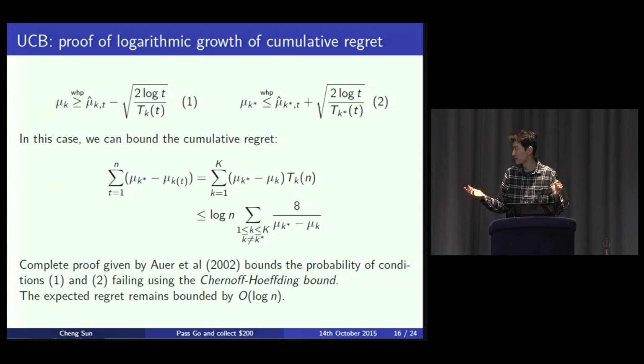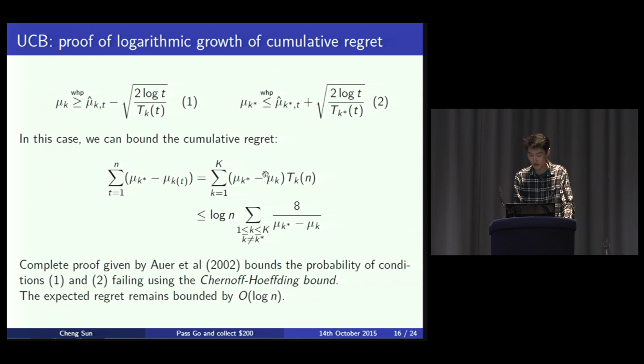But we observe that actually we can also express the cumulative regret with regard to the number of times that we pulled each arm. So instead of summing the regret at every pull, we sum the regrets for each arm multiplied by the amount of times that we pull that arm. So it's just rearranging the summation.